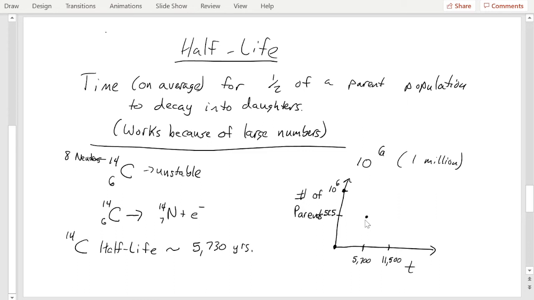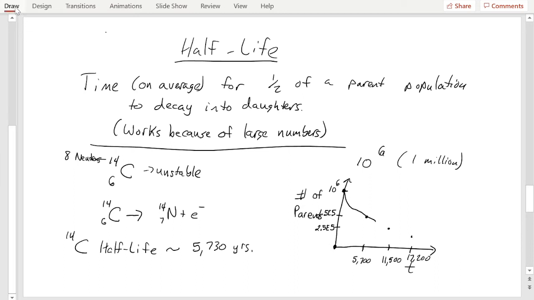And half of 500,000 is 250,000, technically. So 2.5e⁵. And then, after another half-life, after roughly 17,200 years, it will have dropped by half of this amount down here. And so what this does, this creates an exponential curve.